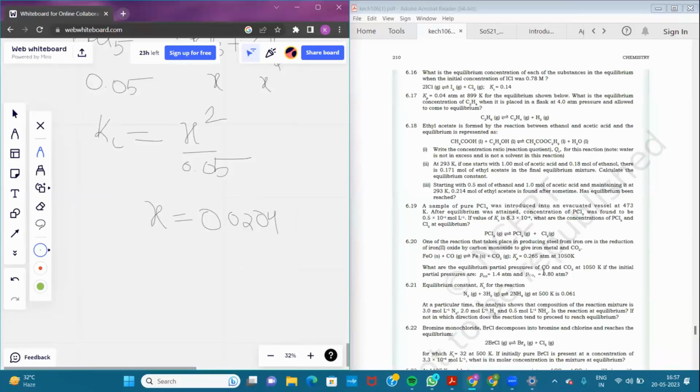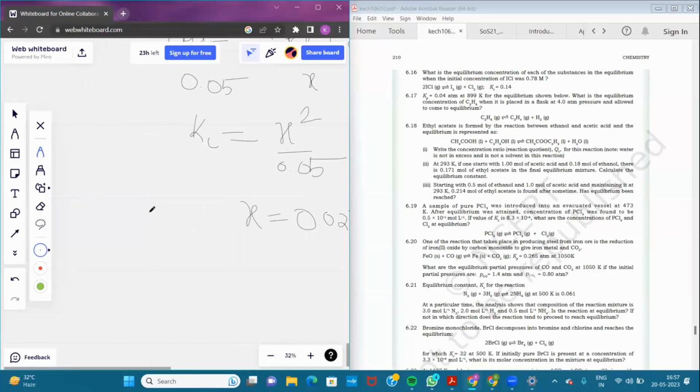Directly, the equilibrium concentration of PCl3 and Cl2 would be 0.0204 moles per liter, that is molar. Go on with the next question.